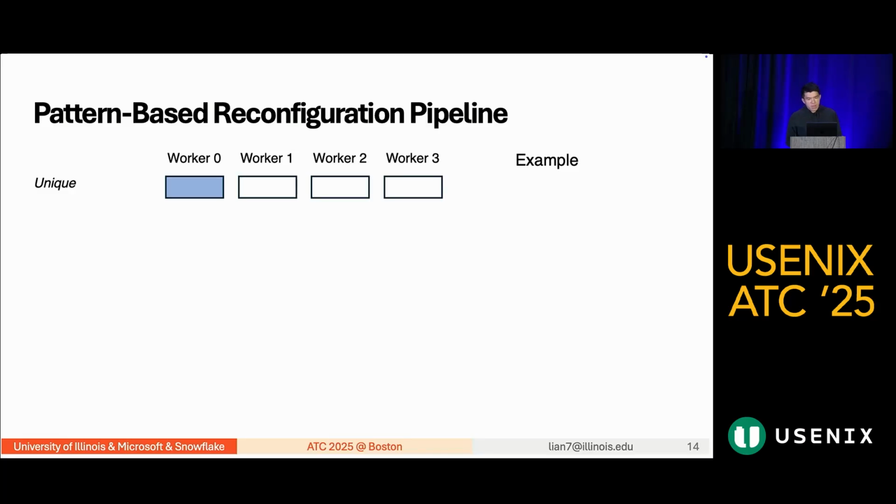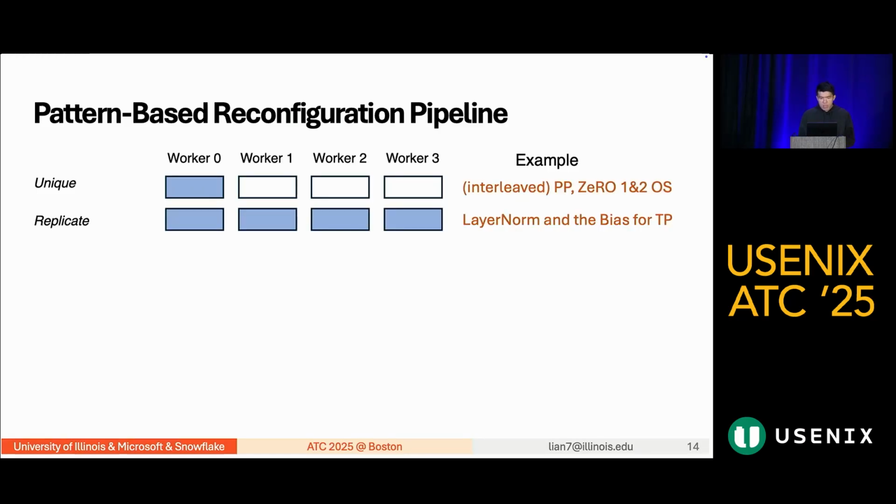First, we predefine the reconfiguration patterns, and these patterns guide how tensors are going to be transformed. Unique tensors are commonly found in inter-layer parallelism, such as pipeline parallelism, including interleaved pipeline parallelism, and the optimizer states for ZeRO stage 1 and 2.